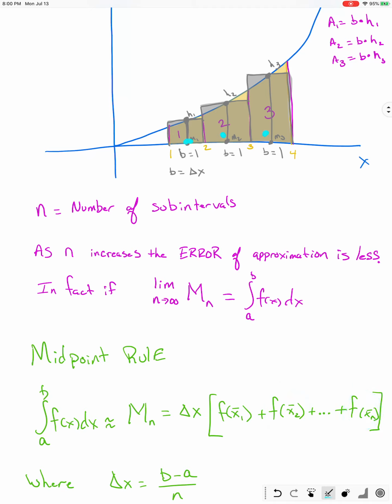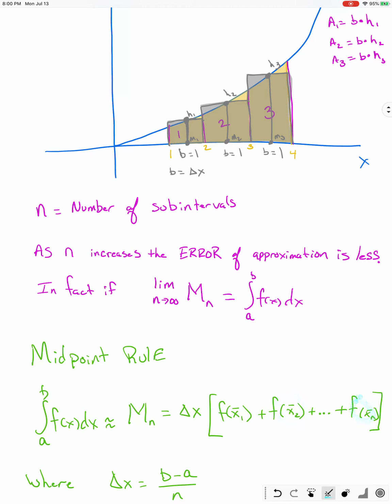Then I'm adding all those together. Each of those areas will have a delta x being multiplied, so I'll have base times height plus base times height plus base times height. Well, the base is the same in each one, so I'm factoring out the base and summing up all of the heights at the midpoints.